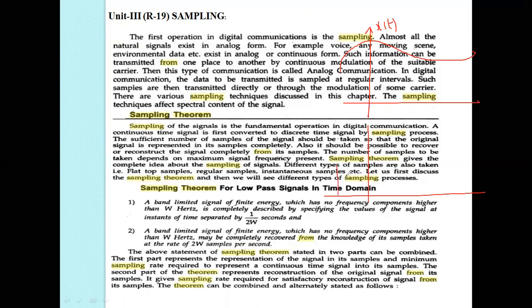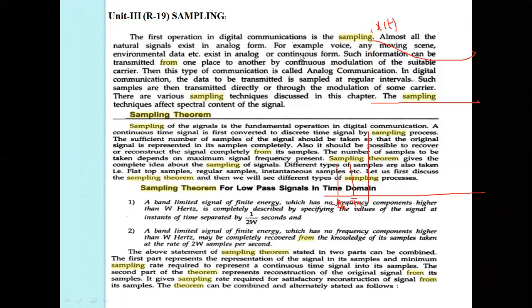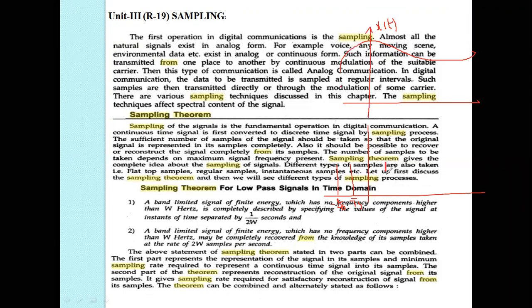Let us have impulses at minus Ts, minus 2Ts, and at Ts, 2Ts, and so on, all together the delta Ts of t.